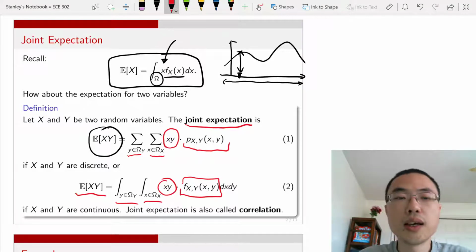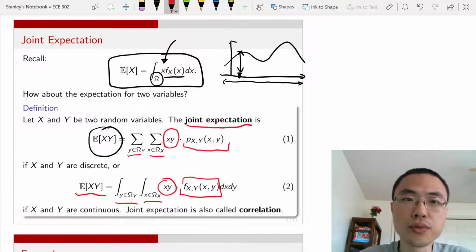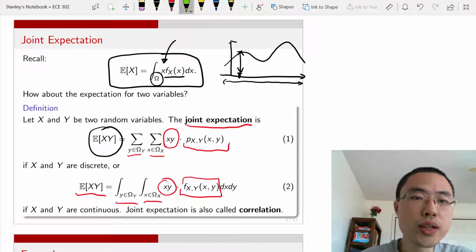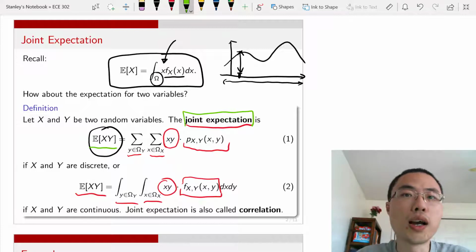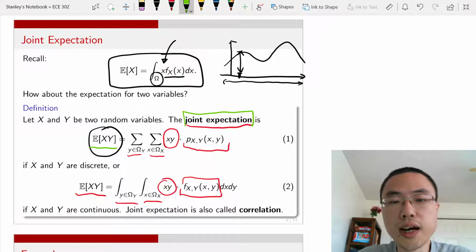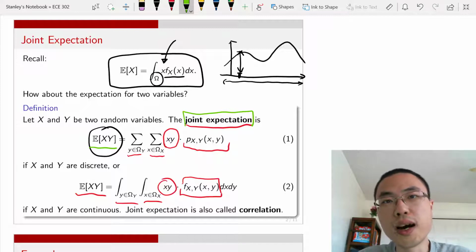So at a high level, this extension from one variable to two variables seems straightforward. However, the deeper question that most people do not pay attention to is, why are we defining the joint expectation as the product of X and Y? Would you ever wonder why we define the joint expectation as X times Y, but not X plus Y, X minus Y, or X divided by Y?